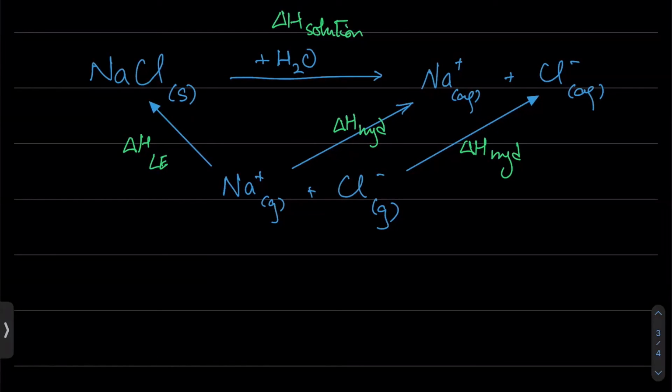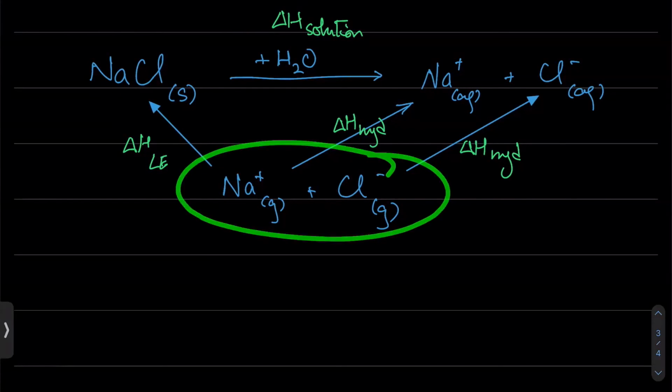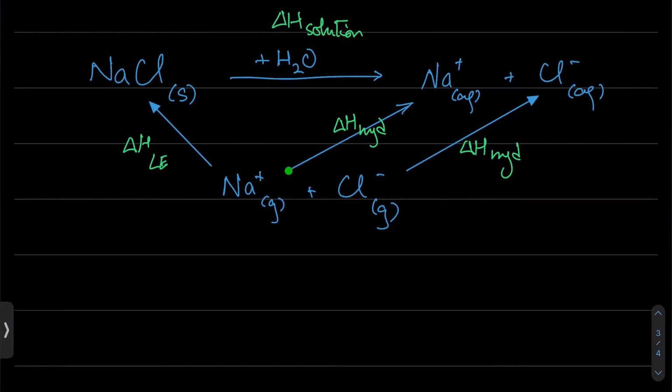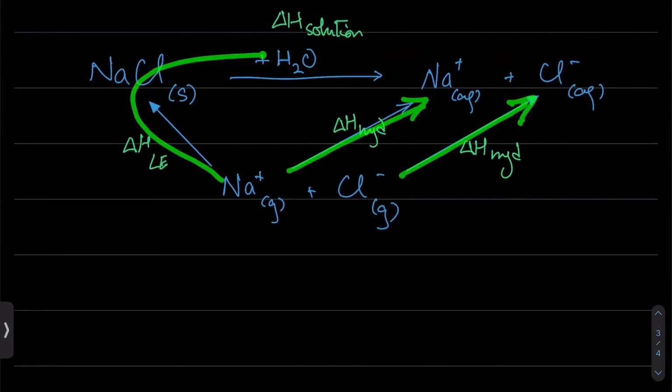And it's just the idea of the law of conservation of energy. Energy is neither created nor destroyed. It's just transferred. Which means this is a cycle. You can start from anywhere. Let's suppose I start from here. The energy change between this and this is the same as the energy change in this process. The path doesn't matter.